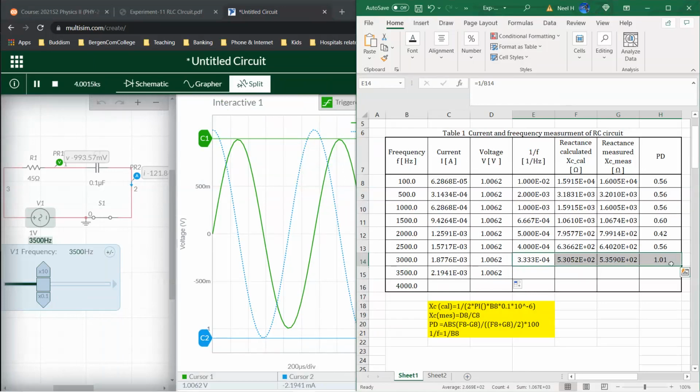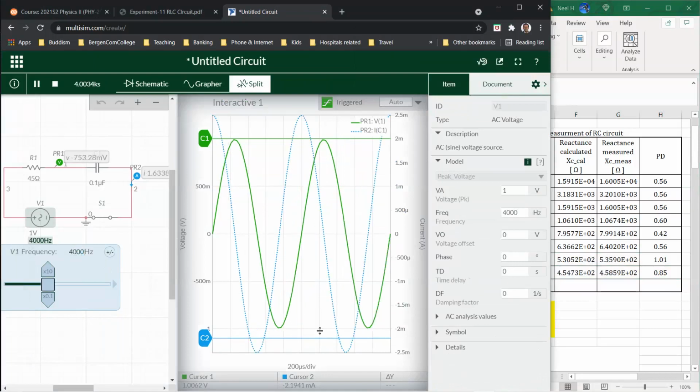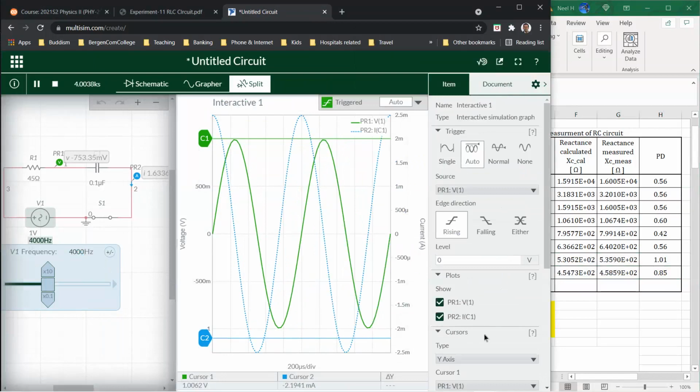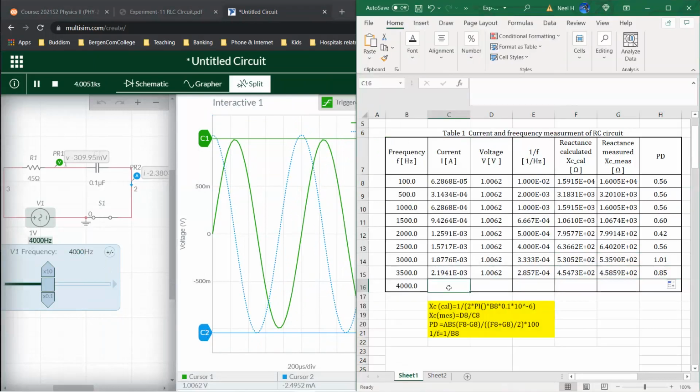All of these we can click and drag. Looks good. We'll do one last data point, which is 4000 hertz. Okay, current for that case, 0.0024952. Okay, guys, any question?